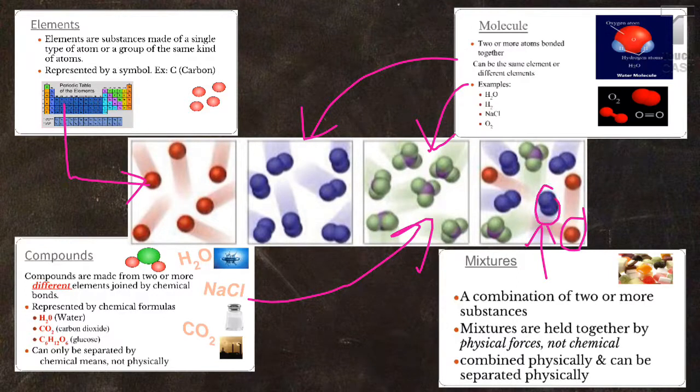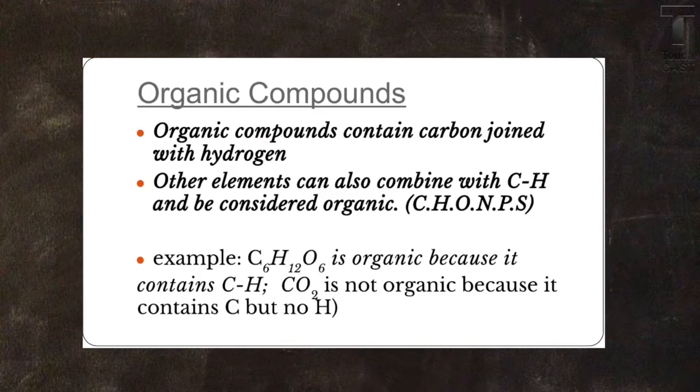molecules, and compounds. The last thing you need to know for elements versus compounds is what an organic compound is. Organic compounds are two or more different atoms bonded together, and it must include carbon and hydrogen. Other elements can be combined with these and they're still considered organic.